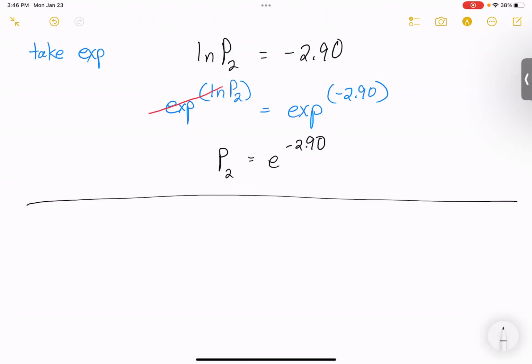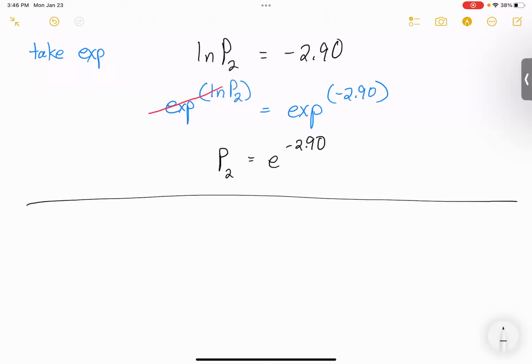The -1 just says it should be in the denominator, so it'll probably have that equal sign. Exactly. Well, this combined together comes back to that. It's still 1/T.